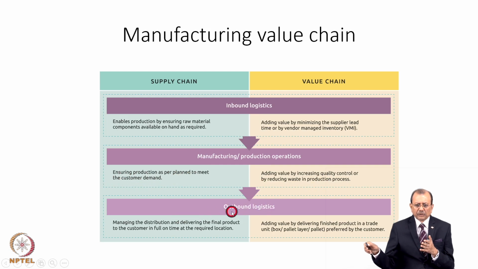These are the logistic processes where we have to decide what kind of transport we are using, what kind of product quality, managing the distribution and delivering the final products. Whether we are distributing by rail, by air, or through distributed department stores, all those strategies fall under the outbound logistics. So this is a 10,000 feet kind of concept of the value chain.